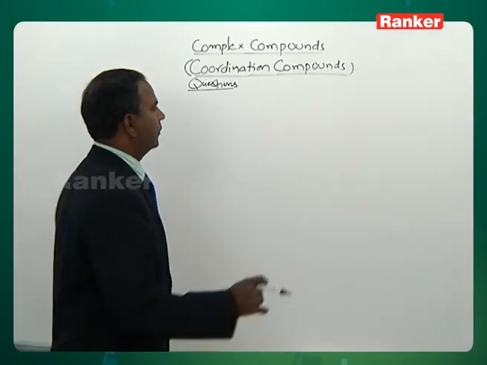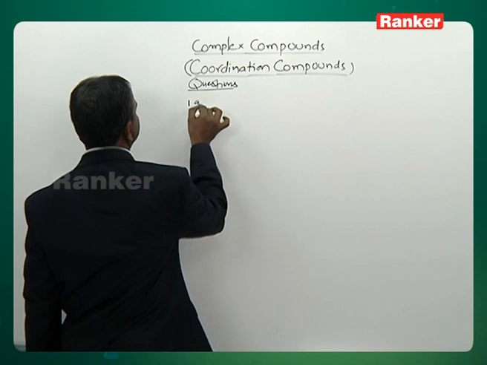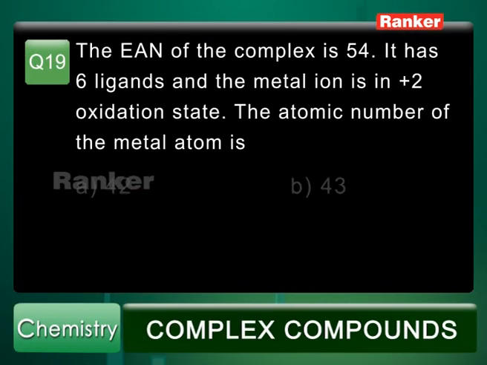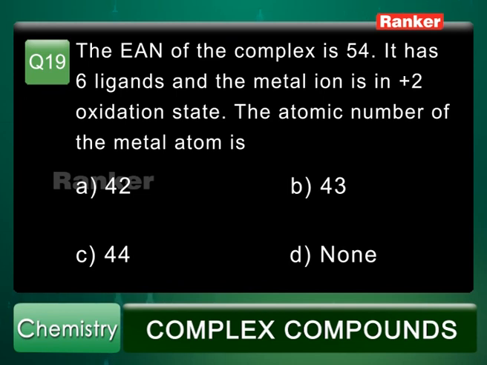Next, question number 19. The EAN of the complex is 54. It has 6 ligands. The metal ion is in +2 oxidation state.